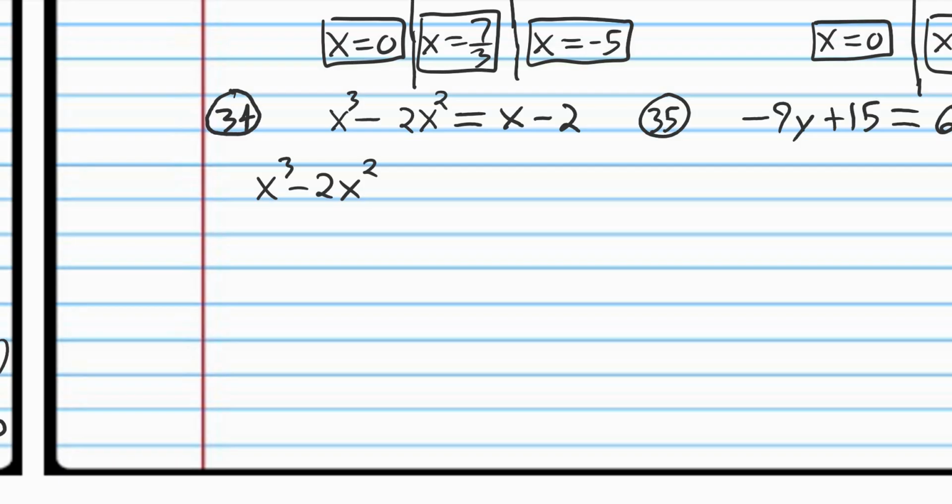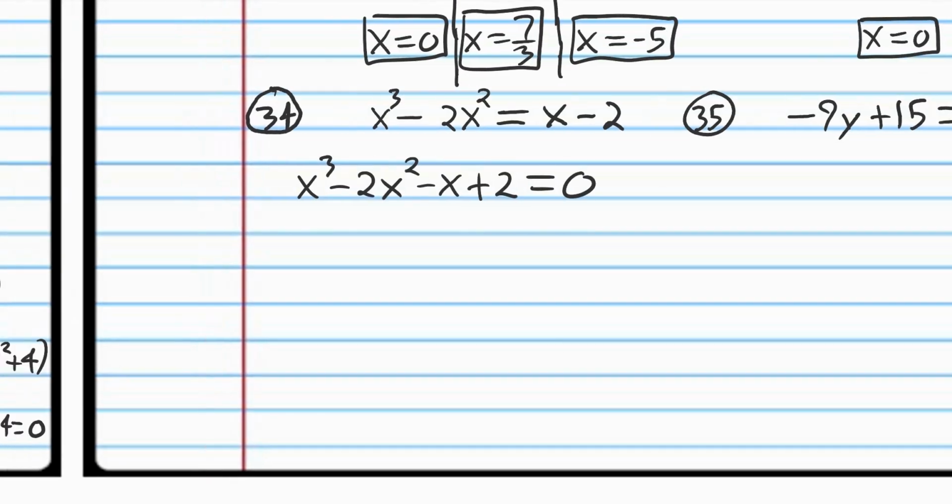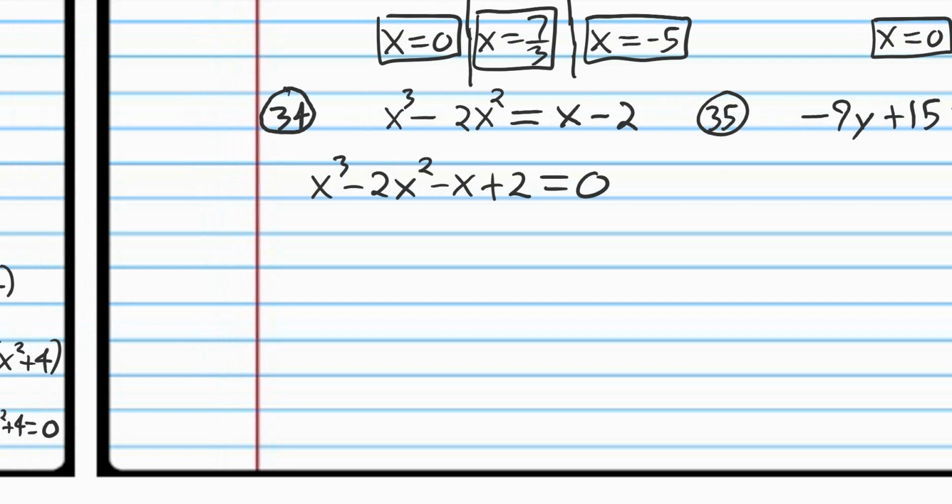And again, I have 4 terms, so I know this is going to be factoring by grouping. So I subtracted x from both sides, that got rid of that x, and we ended up with a negative x on the left side, and I added 2 to both sides, and this went away, and we ended up with a positive 2. So the signs just change when you put stuff on the other side of the equation. So now, again, we just factor this group and we factor this group just like we did in previous problems.